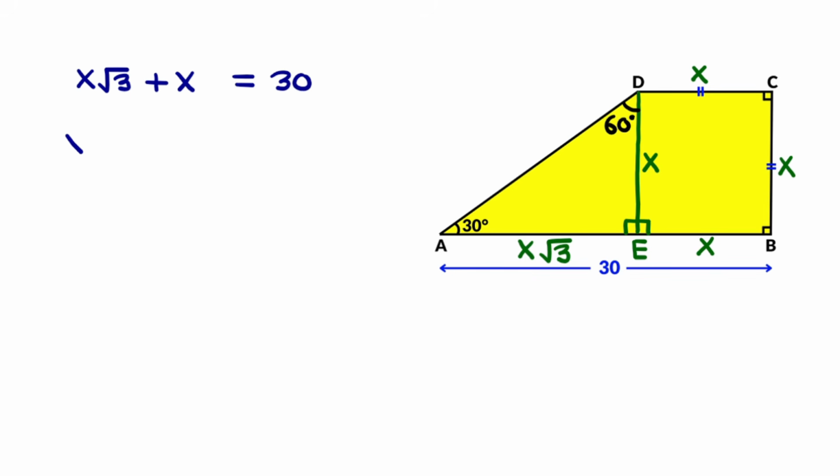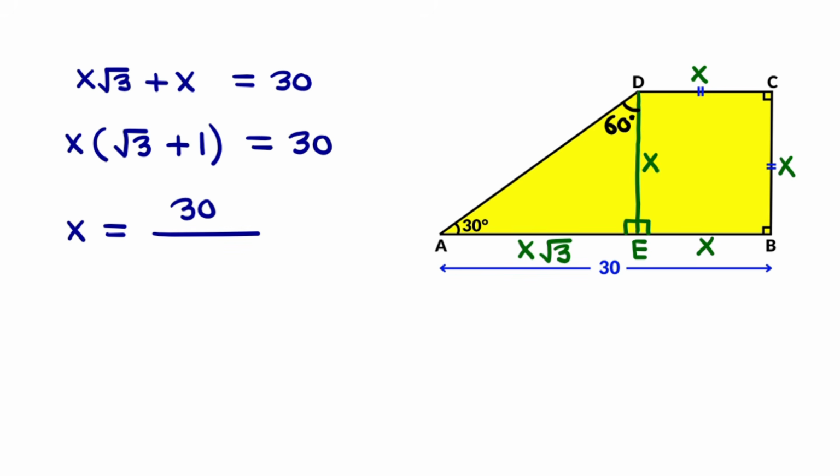That gives us x multiplied by the quantity, the square root of 3 plus 1 equals 30. Now divide both sides by the quantity, the square root of 3 plus 1. So x equals 30 divided by the quantity, the square root of 3 plus 1.